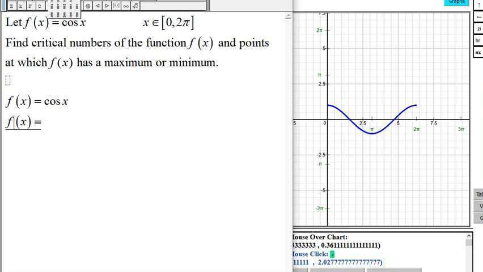So here we have the derivative, and recall the derivative of cosine of x is negative sine of x. And so now we set the derivative equal to 0 and solve for x.